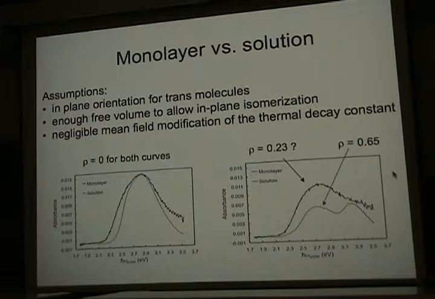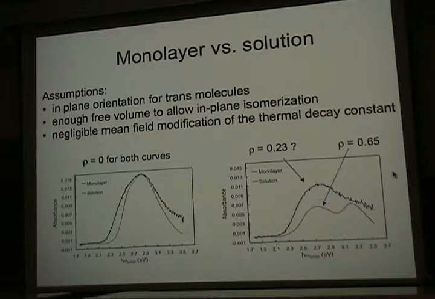In addition, if you use illumination conditions that would create a cis concentration in solution of, say, 65%, and you use similar illumination conditions on the monolayer, you get less cis.